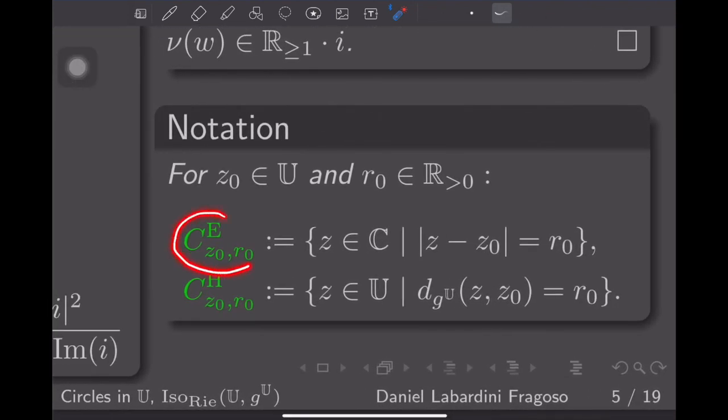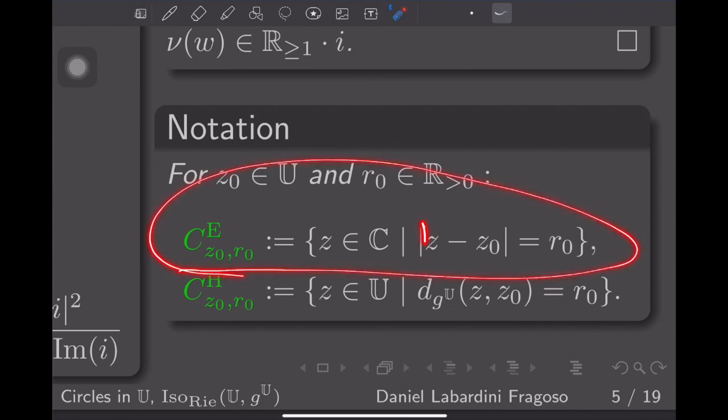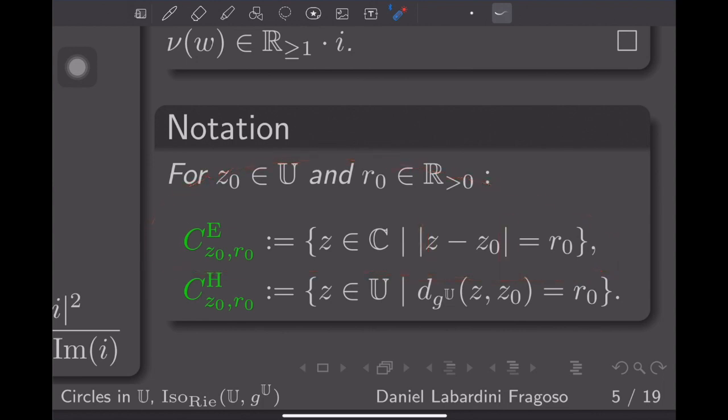Whenever I'm speaking about a Euclidean circle, it's going to be with an E here, and whenever I'm speaking about a hyperbolic circle, it's going to be with an H. The Euclidean one, of course, can be written in terms of the complex norm, and my new one is, of course, in terms of my new distance.